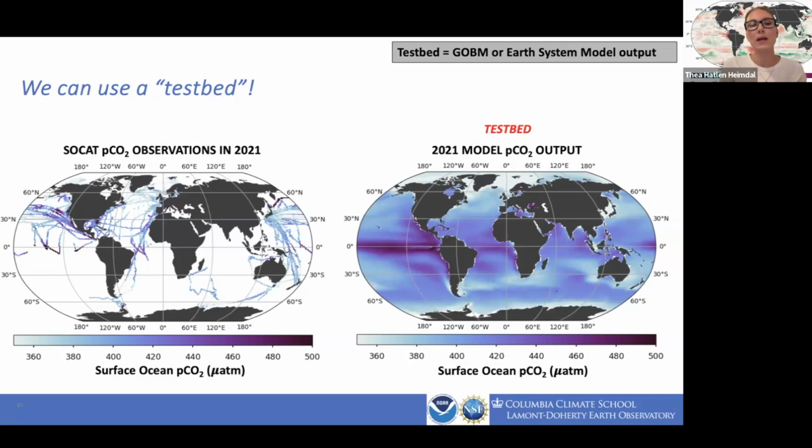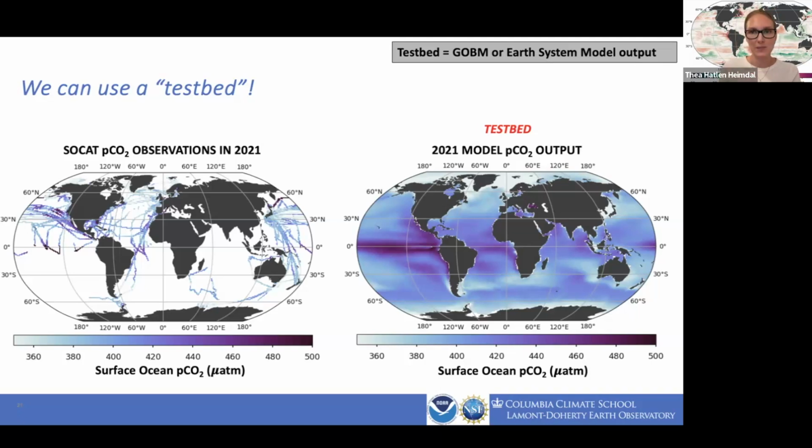So again, looking on the left here, we're looking at all SOCAT observations in 2021, with lots of gaps. On the right side, we're looking at model output, which we can call a testbed. With model output, we have surface ocean pCO2 everywhere because it's a model, right? And a testbed can be model output either from a GOBM or a collection of Earth system models.